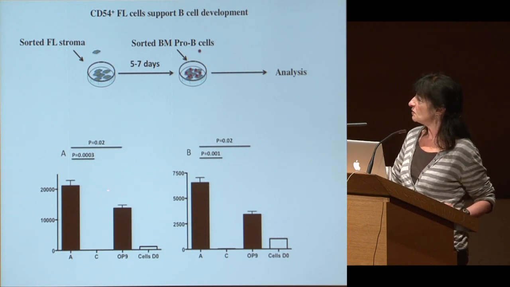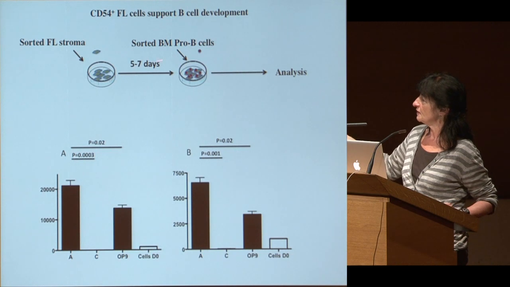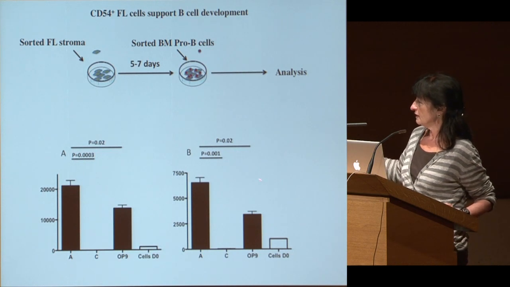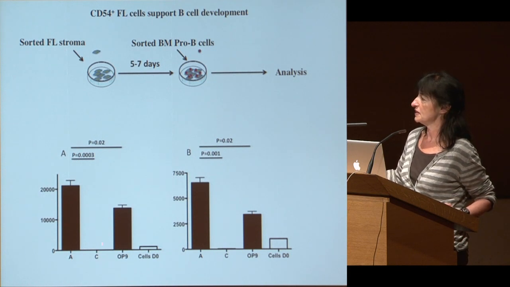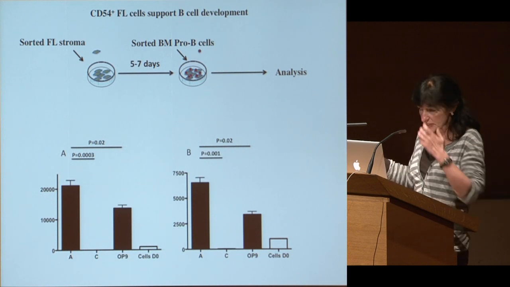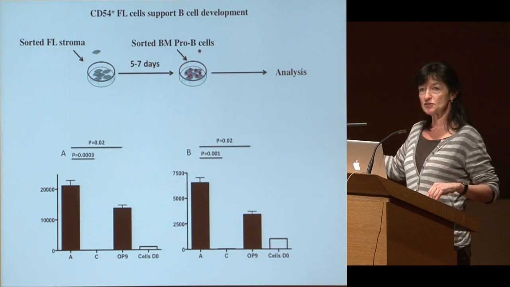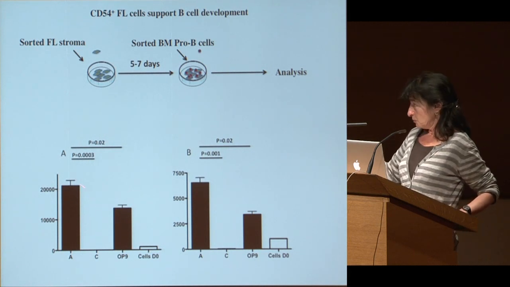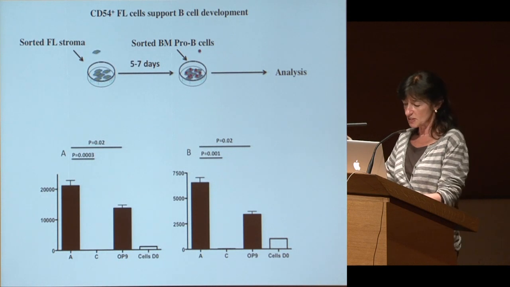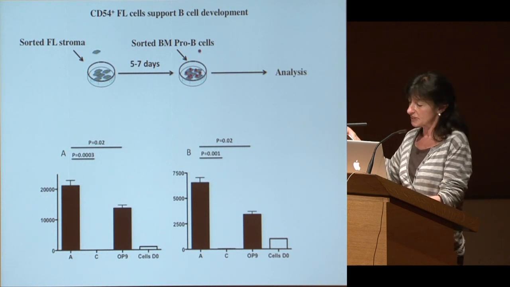And this is the number of pro-B cells at the end of 5 to 7 days, and the number of B cells that we get out of those cultures compared to OP9 cells, compared to fraction C. And we actually get a lot more of those pro-B cells than in OP9 cells, and a lot more B cells. And this is, of course, consistent with the fact that those cells produce interleukin-7, that is a strict requirement of bone marrow pro-B cells to develop.